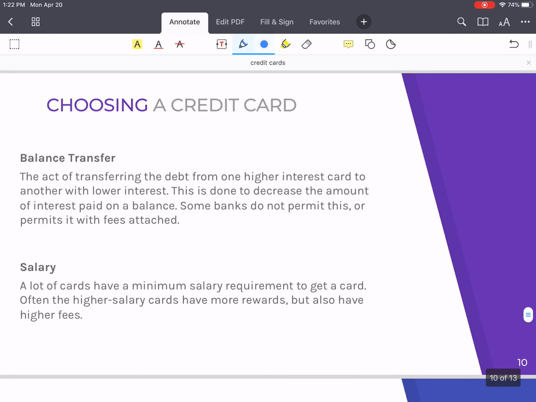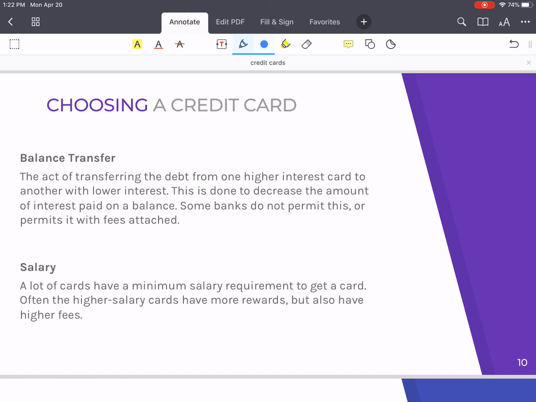What else could help you choose a credit card? Balance transfer. This is important, really most important, when you have multiple credit cards. So this says that, okay, if I have a bunch of money on this higher interest credit card, balance transfer means that once I've paid off a lower interest credit card, I can transfer the balance on my higher interest credit card to my lower interest credit card so that I'm paying less interest in the long term.